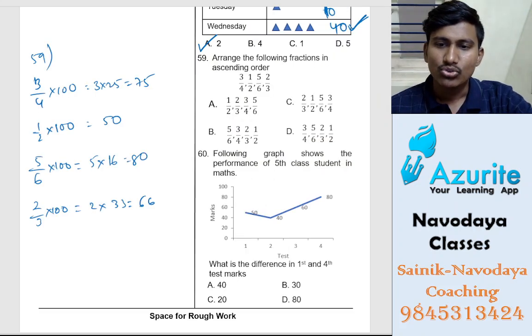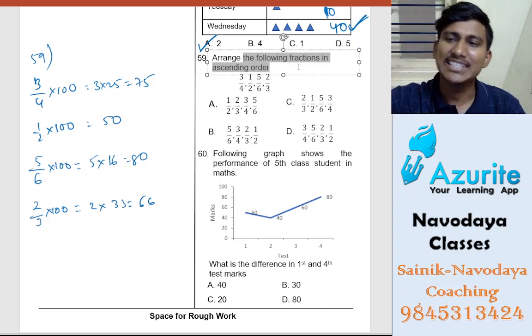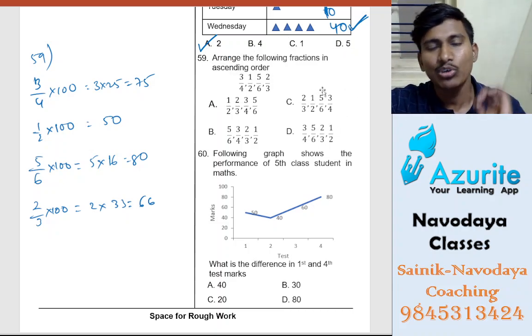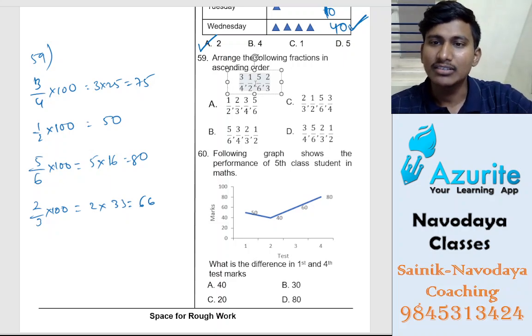Yes. So see here, next question 59, right? What they are asking: arrange the following fractions in ascending order. Ascending means increasing order, small to big. These are the given fractions.